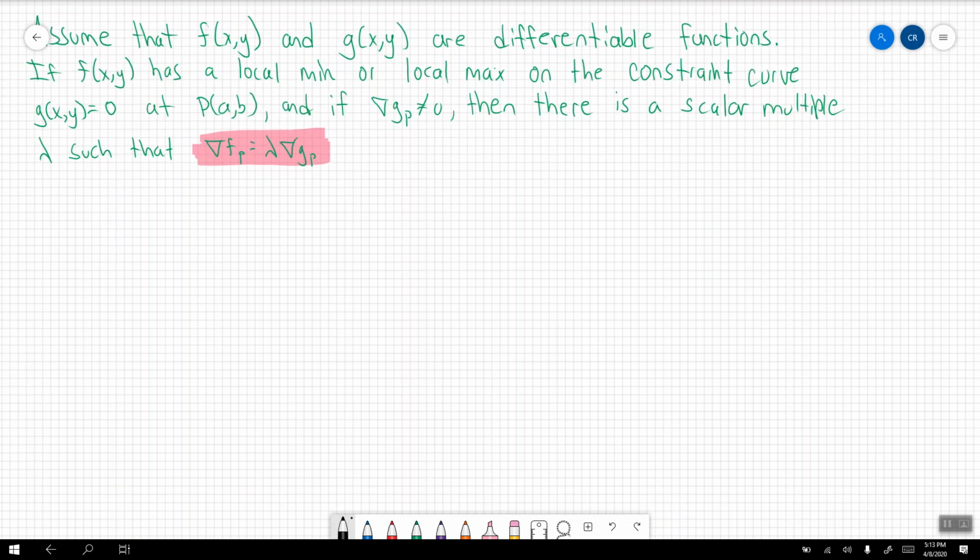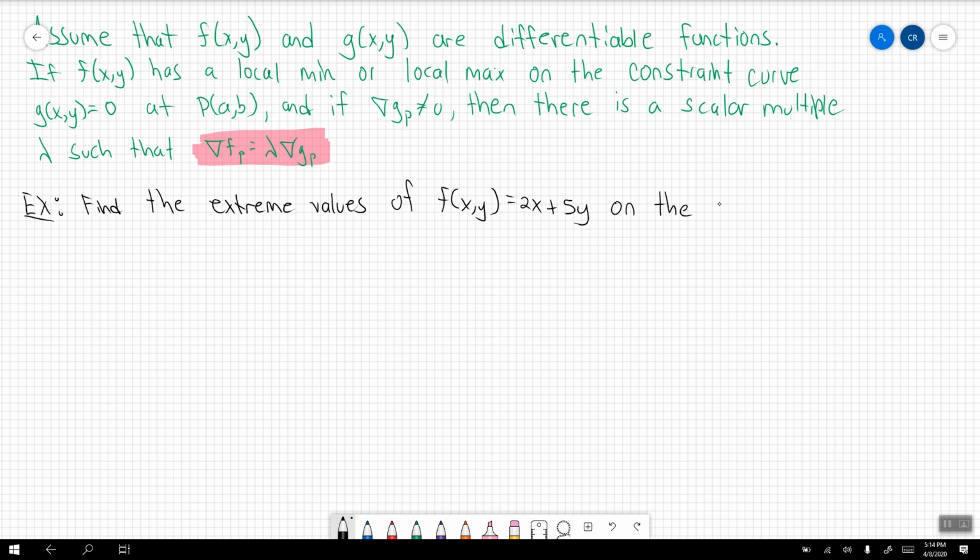So let's go ahead and look at this example here. This example is going to say that we want to find the extreme values of f of xy, which is 2x plus 5y, on the ellipse x squared over 16 plus y squared over 9 equal to 1.